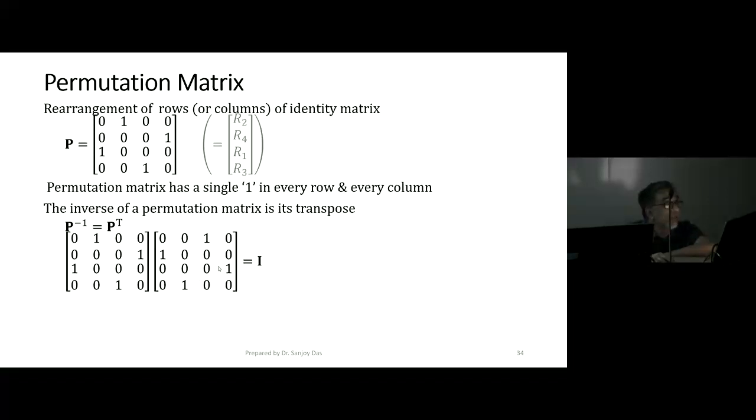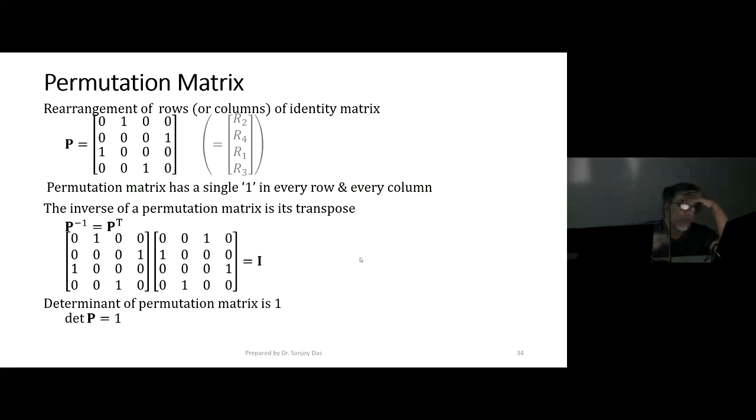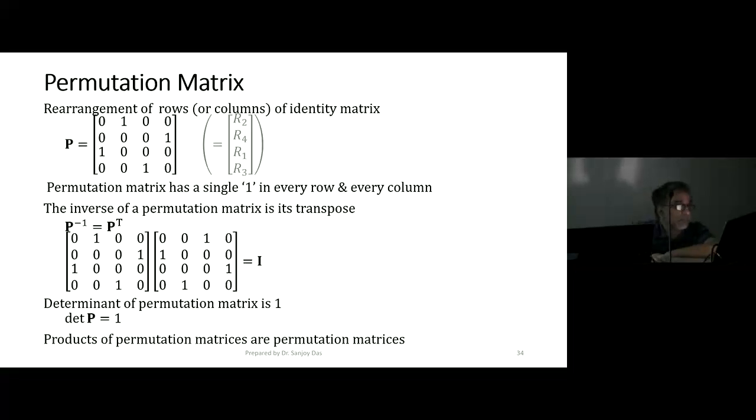You can see that P times P transpose equals the identity matrix I. The determinant of a permutation matrix is 1. Products of permutation matrices are also permutation matrices. In other words, if you permute the rows and then permute the rows again, it's equivalent to a single set of permutations. So products of permutation matrices are permutation matrices also.